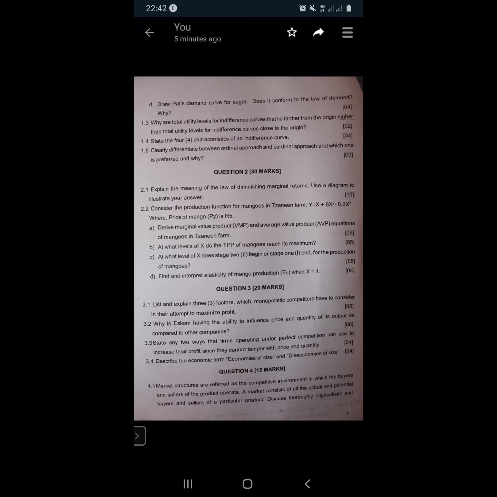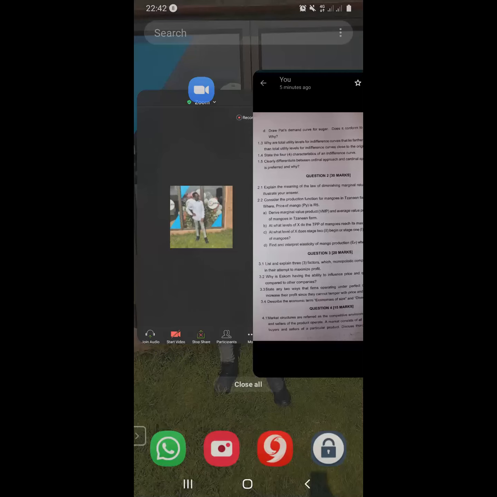Question A says, derive the marginal value product, which is the VMP, or the value of marginal product, and the AVP equations of mangoes in Zanen farm. So you know the formula for deriving those. What do they want?